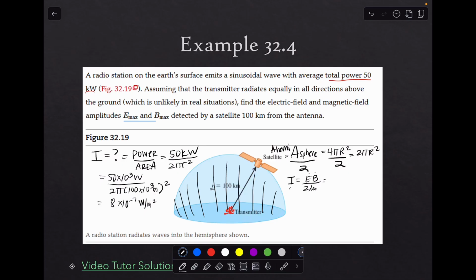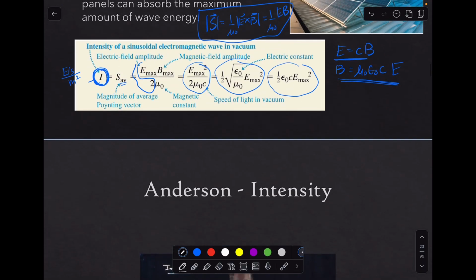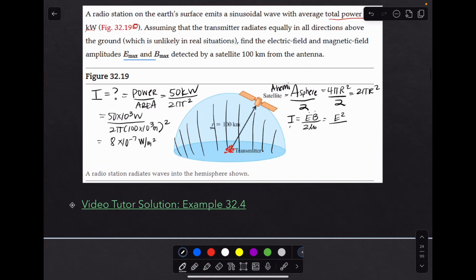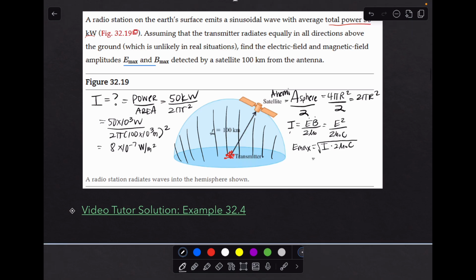So we can use the expression E squared over 2 mu naught c to find E max. So it's going to be equal to the square root of I times 2 mu naught c. And that's going to give us E max.